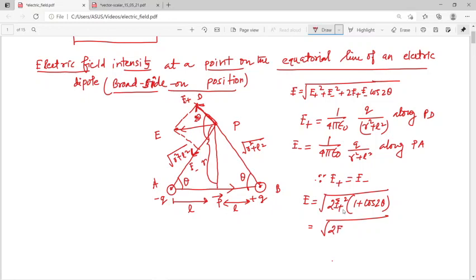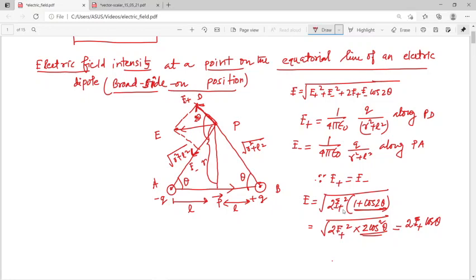So 2 E plus whole square into 2 cos square theta, that is the formula. Now if we take the root, then this is 2 E plus cos theta, and we know the value of E plus, and what is the value of cos theta?